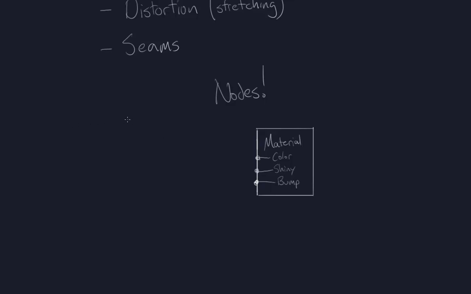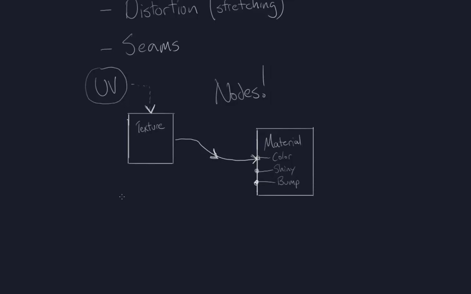So for example, I can make a texture and that texture can be plugged into the color, so that whatever color was demonstrated on that texture shows up on the surface of my material. And your UV coordinates, which I'll just leave as a circle floating out here in space, will define how that texture gets placed. So that's where it all comes together.